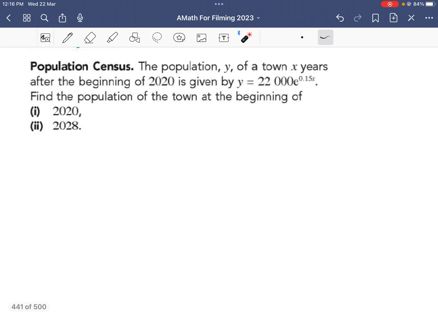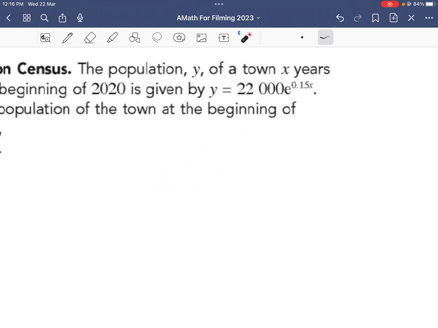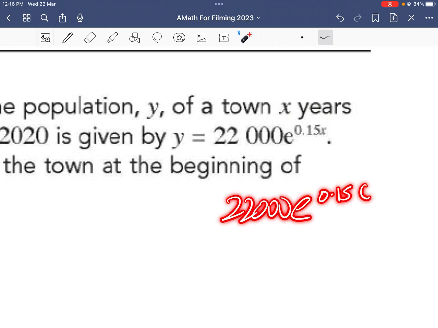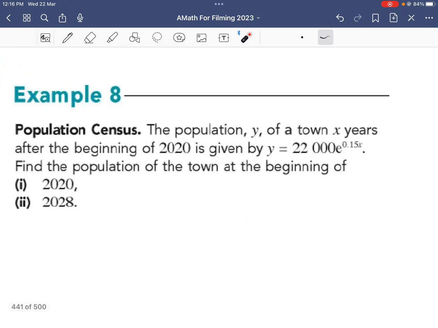For example, if you want to find out what happens at the beginning of 2021, from 2020 to 2021, 1 year has passed. So I will substitute into my equation 22,000 e to the power 0.15 times 1. That will give me the population at the beginning of 2021.